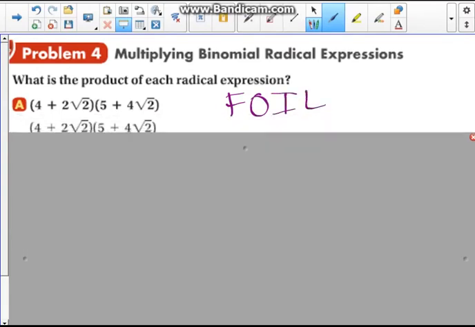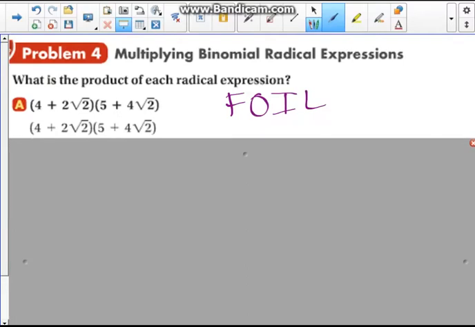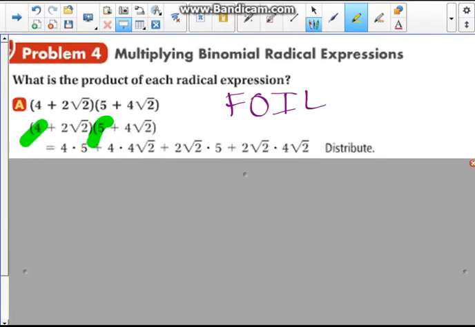First is first term of each binomial. Multiply them together. So it's going to be a 4 times 5. And then outside is going to be like the first term and the last term, the outside terms. So 4 times 4, radical 2.